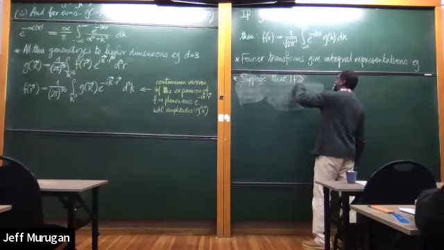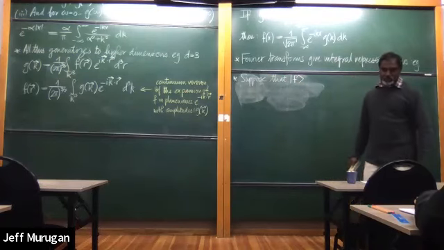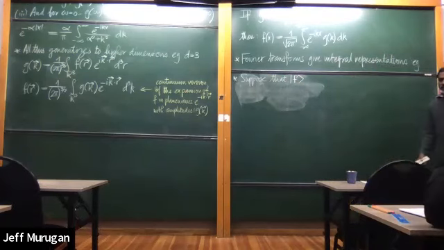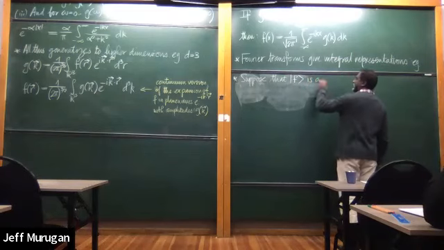f is some abstract vector in a function space.